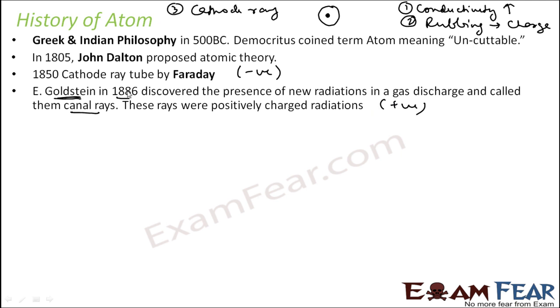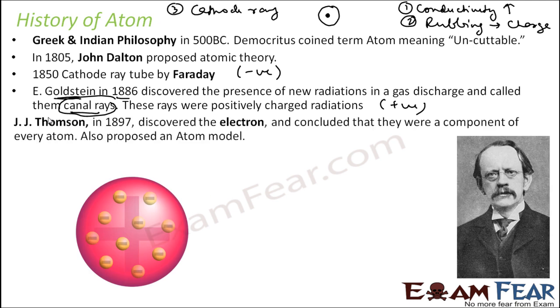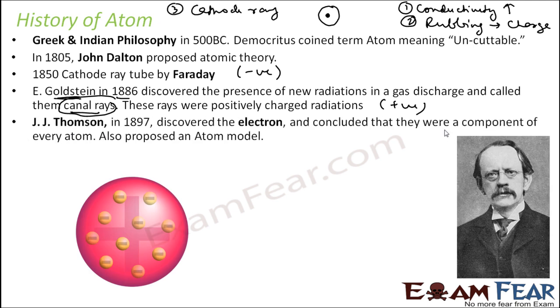Goldstein was German, and in 1886 he discovered the canal rays, and canal rays are positively charged rays. So that means now we have positively charged rays, we have negatively charged rays as well.